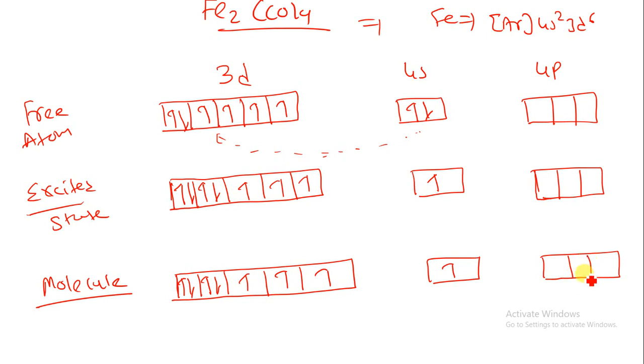So there are a total of 6 empty spaces, and I can directly put 6 CO ligands here. Next I have to think that there should be 3 bridge CO. Why is it a bridge CO?